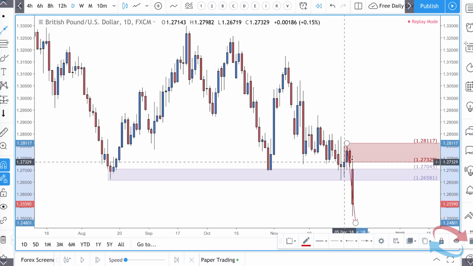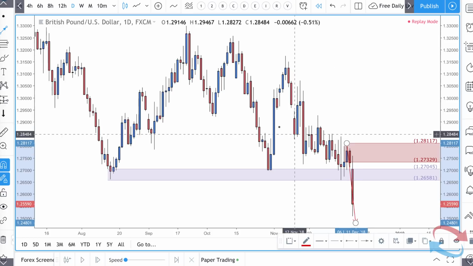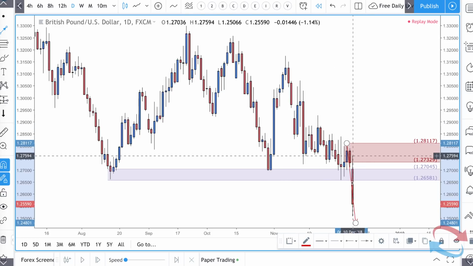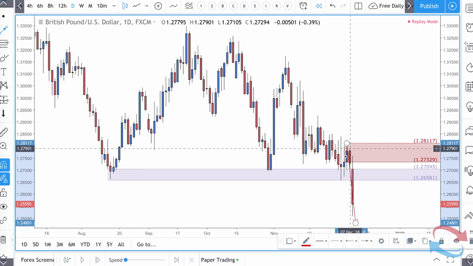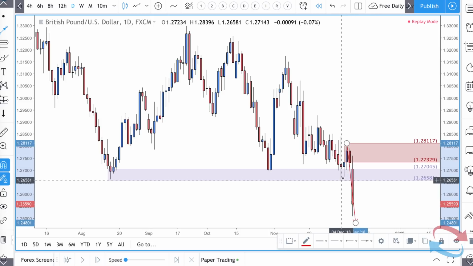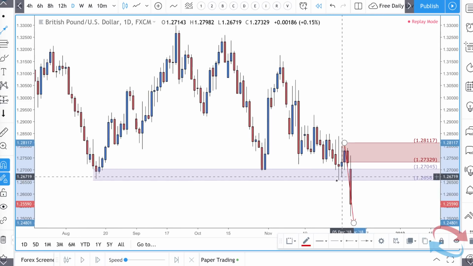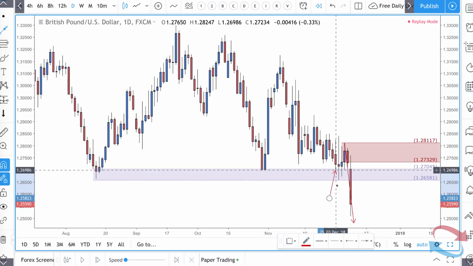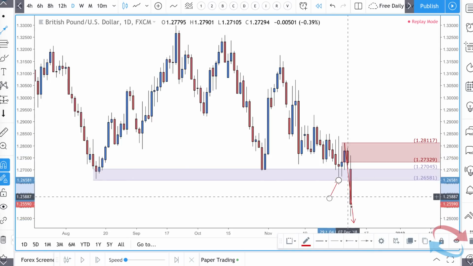When you're buying the dollar, you have to press sell on this exchange rate, which is supply. So we know for a fact that there was demand for the dollar, which pushed it past a previous expensive area.